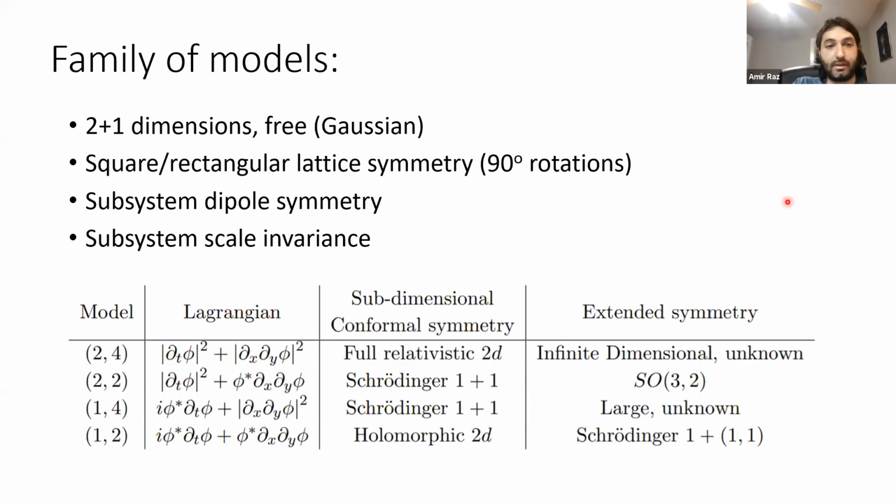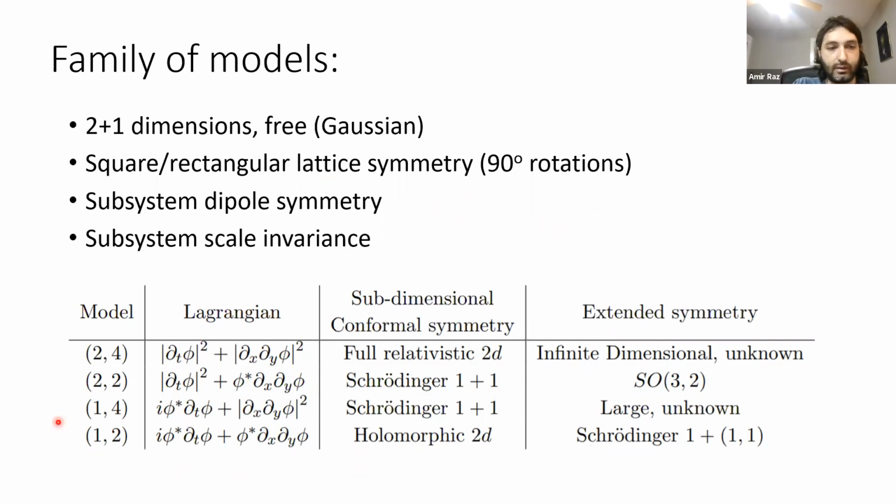They all have some sort of discrete rotational symmetry. The 4 spatial derivative terms have a square lattice rotational symmetry, while the other 2 have a rectangular lattice rotational symmetry. They all have the same dipole global symmetry that we talked about before.